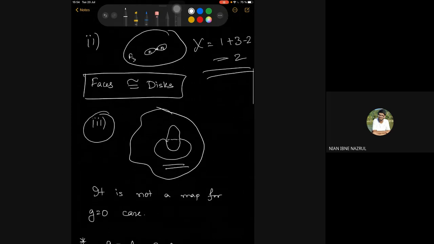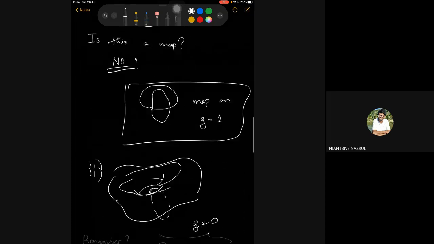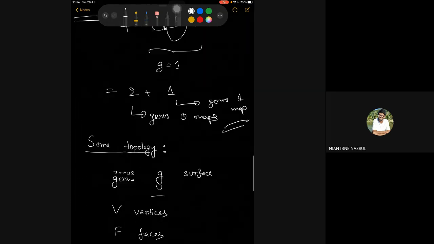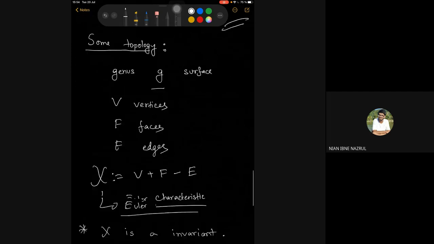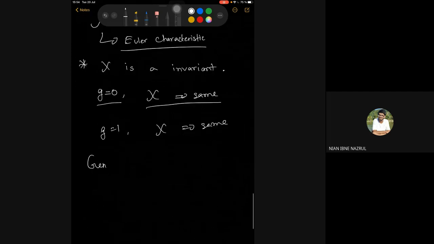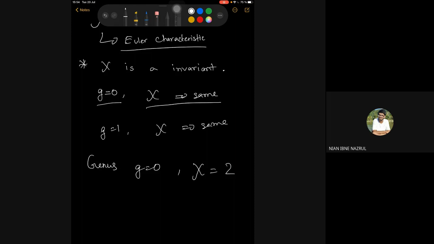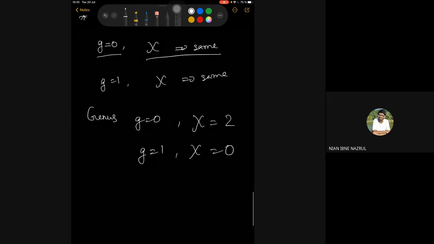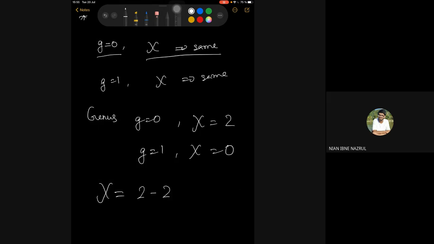And for genus 1, if you do the same trick, you'll see that for genus 0, G equals 0, this turns out to be 2. For genus 1, this is just 0. We won't go into the details of how we derive this formula, so I'll just state it here because we are not doing a course on Riemann surfaces. But the Euler characteristic in terms of the genus is expressed like this: 2 minus 2g.